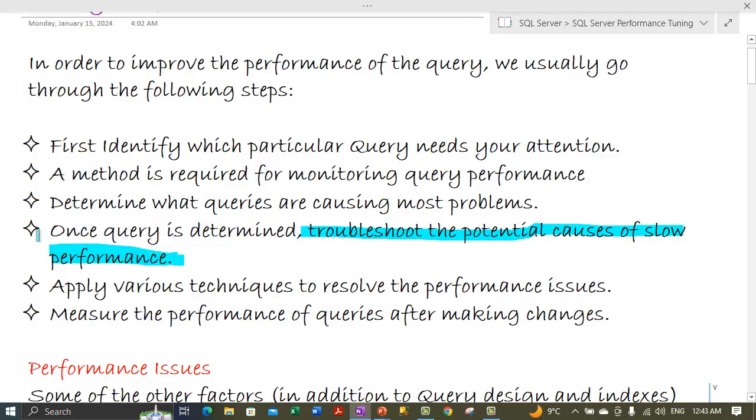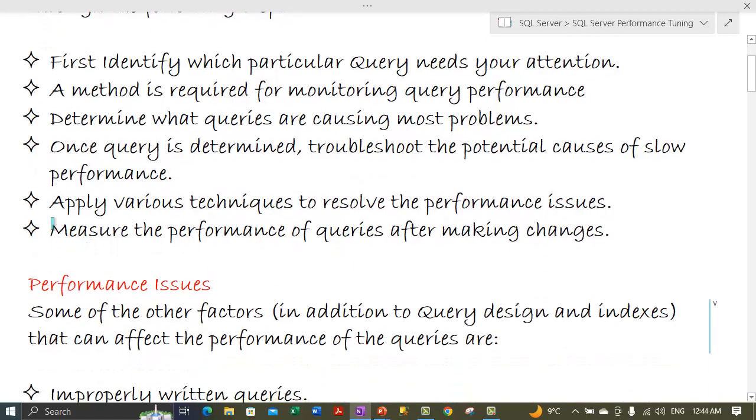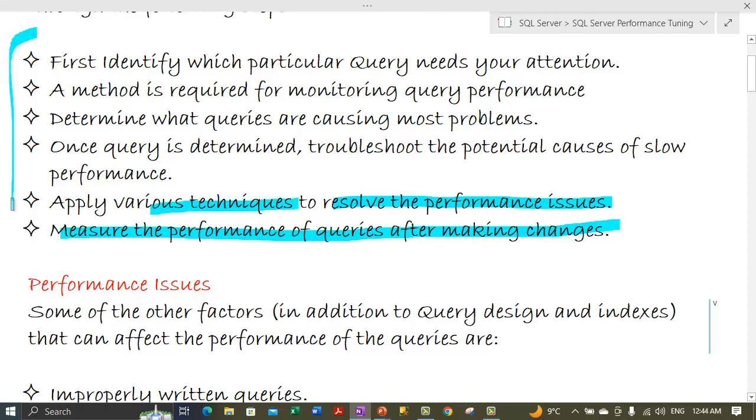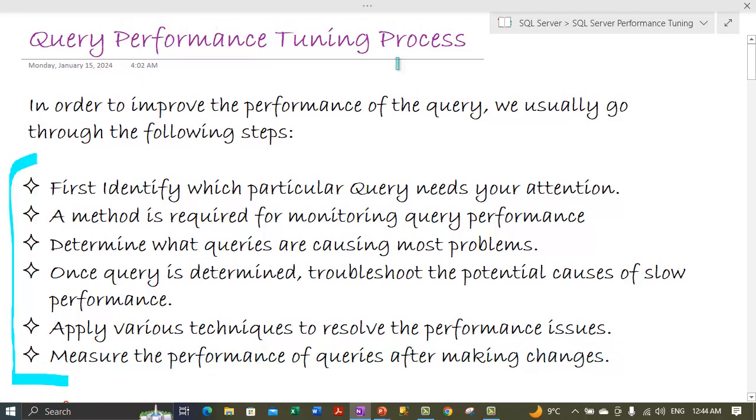We review that query and determine all the potential causes of its slowness. After determining that, we apply various techniques to resolve the performance issues. We modify the query, and after applying techniques to resolve the performance issue, we measure the performance of the query after making the changes. So these are the broad steps related to query performance tuning.